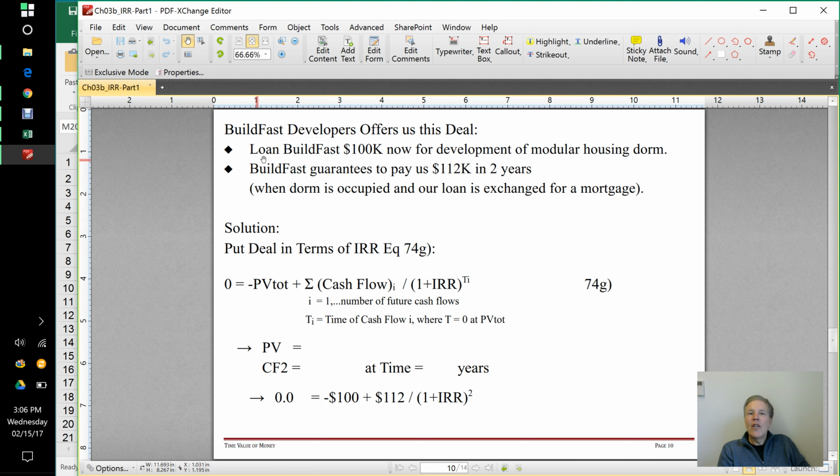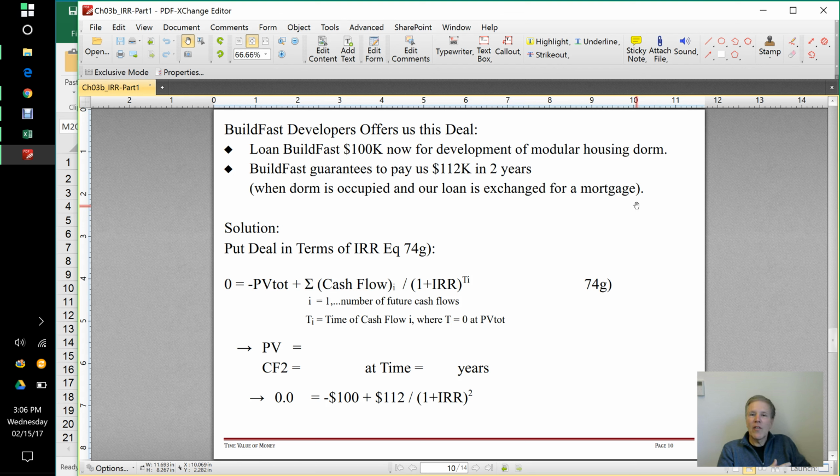If we loan Build Fast 100,000 now to help them with the development of a modular housing dorm, they're going to guarantee, and this would be in the loan contract, to pay us 112,000 back in 2 years. So this will be when the dorm is occupied and our loan is exchanged for a mortgage.